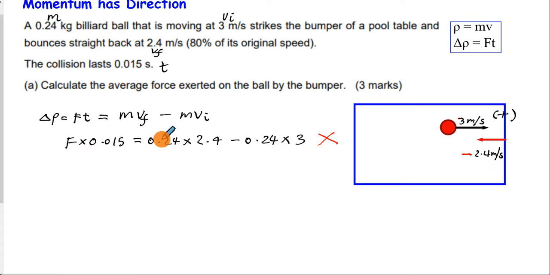So this one is wrong, but the correct one is F times 0.015. That's exactly the same, but the final velocity is a negative velocity, so 0.24 times minus 2.4, and then subtract 0.24 times the positive 3.